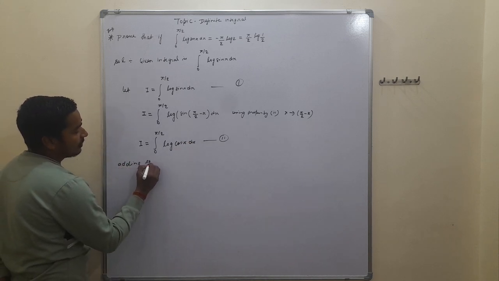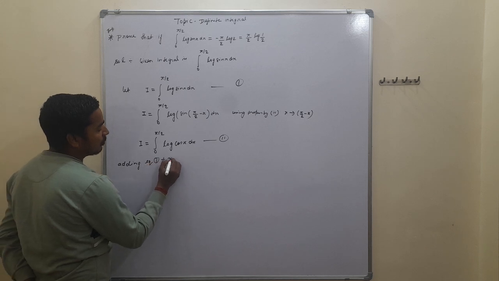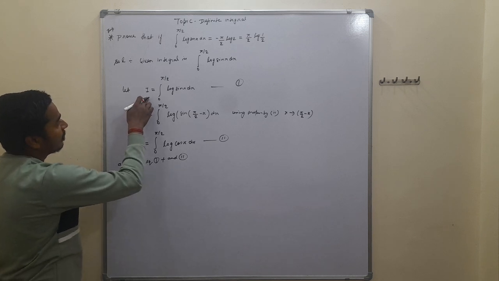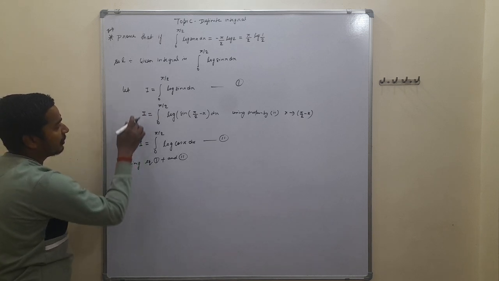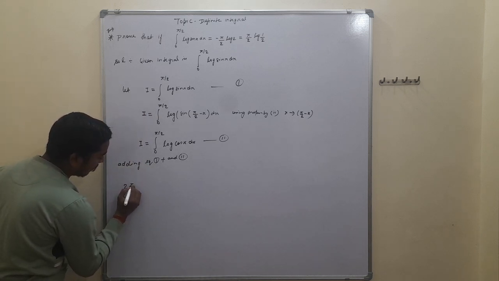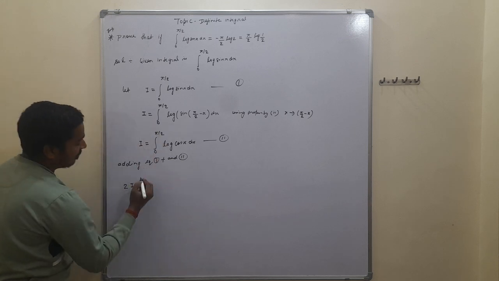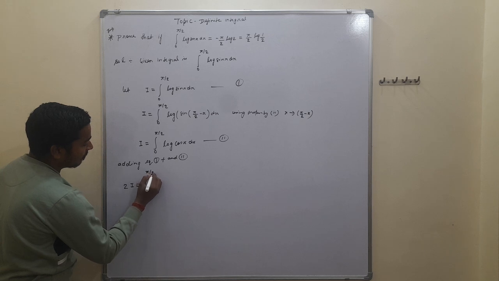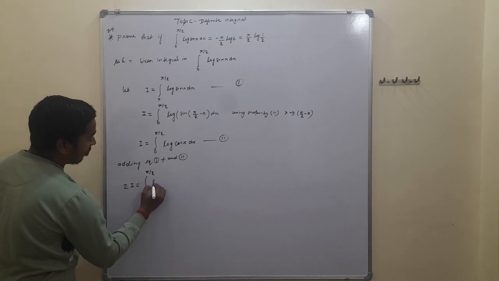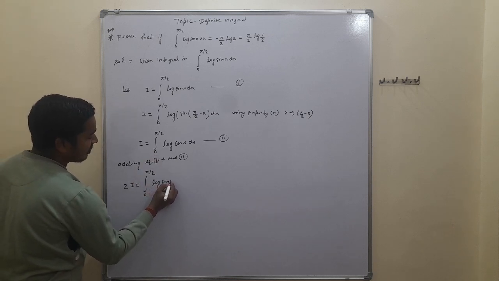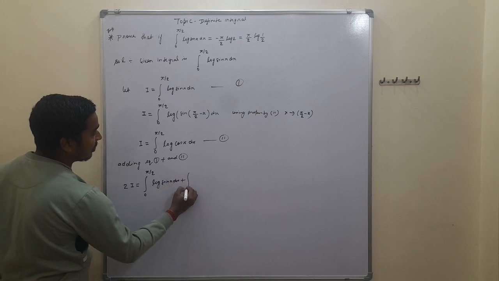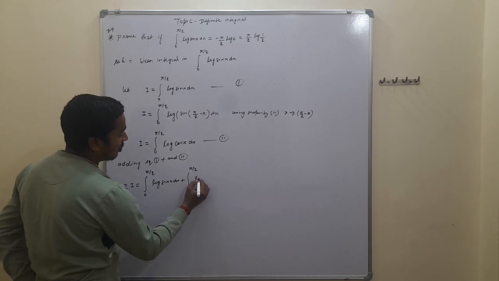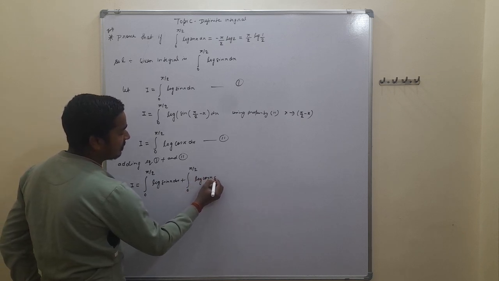Adding equation 1 and 2, on the left hand side we have I plus I is 2I, which is equal to the integral with limits 0 to pi by 2 of log of sin x dx plus the integral with limits 0 to pi by 2 of log cos x dx.